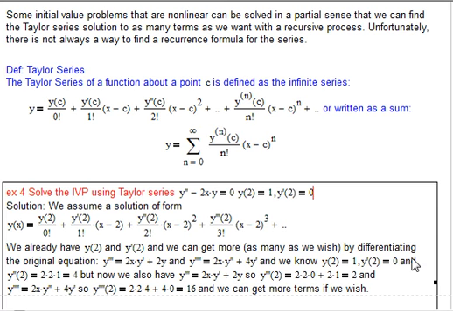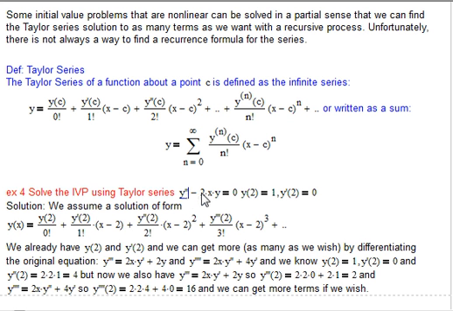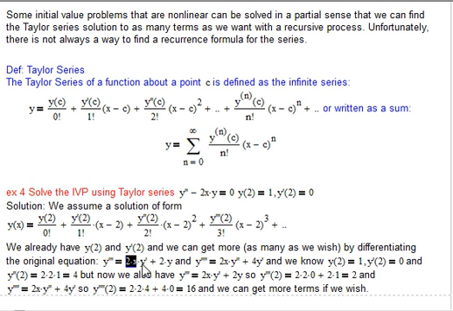So we can get as many as we wish by differentiating our original equation. This says y double prime equals 2xy, well then y triple prime is going to be first times derivative of the second plus second times derivative of the first, so 2x times y prime plus 2 times 1 times y.